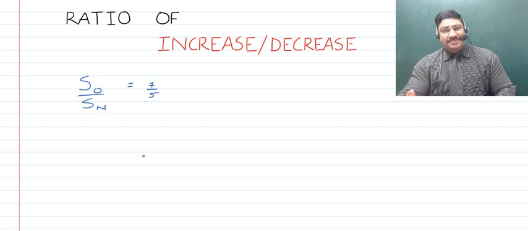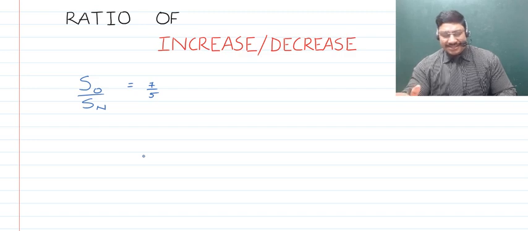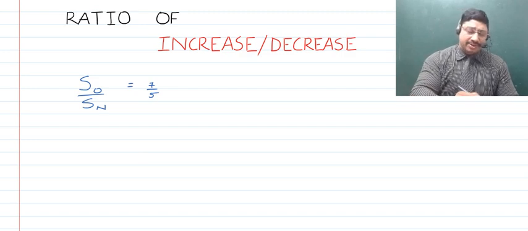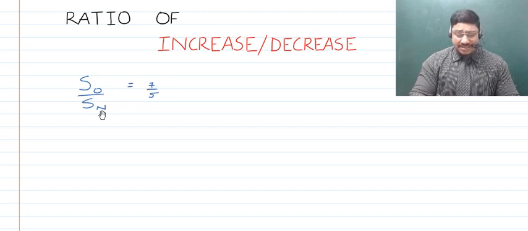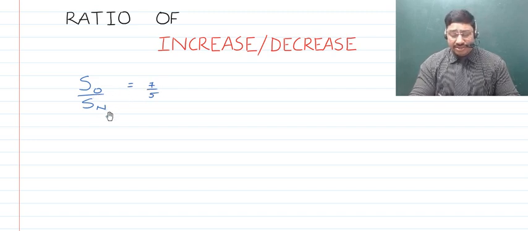Is this an increase or a decrease? This is actually a decrease in the salary, because earlier the salary was 7x, and now it has decreased to 5x, where x is the common factor.